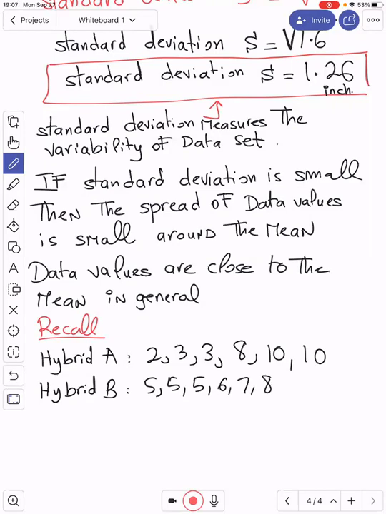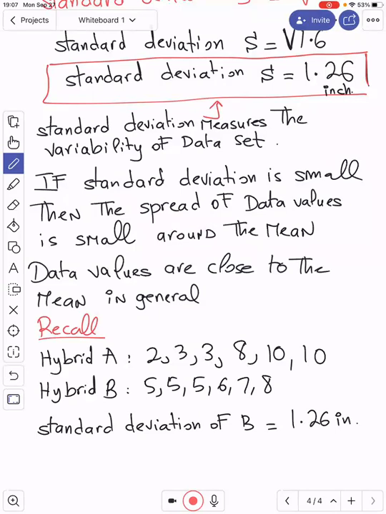Right. So we said hybrid A has more variation, right? When you look at the data values, you can say hybrid A has more variation than hybrid B. And we just computed the standard deviation for hybrid B, which is 1.26 inches.